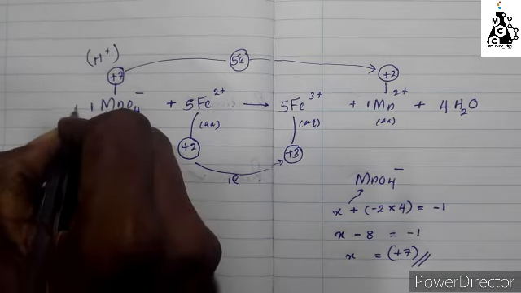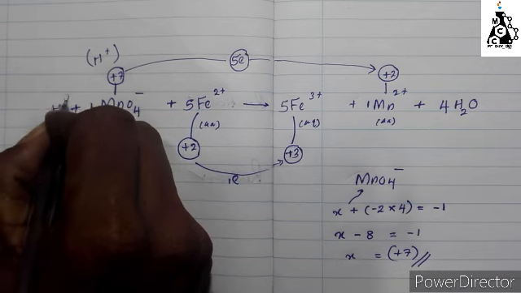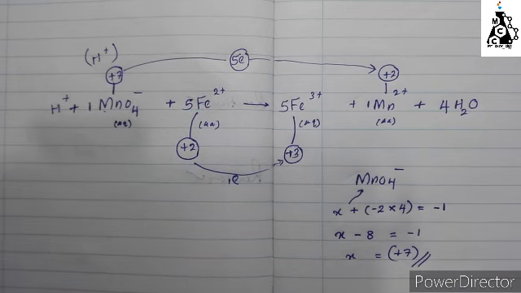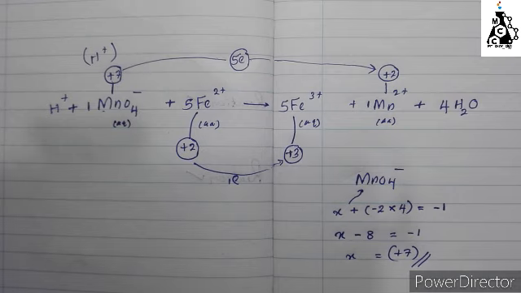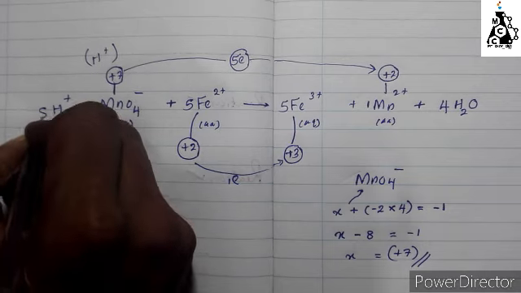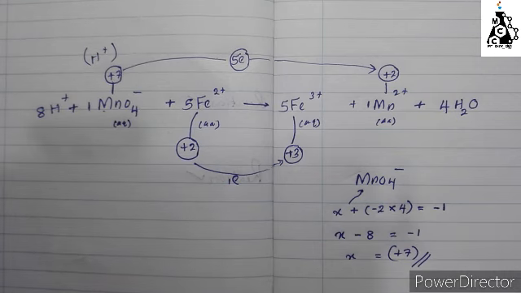Because of that, you have to add H plus ions to balance hydrogen atoms in this equation. How many H plus ions do you have to add? You have to add 8 H plus to balance the hydrogen in this equation.